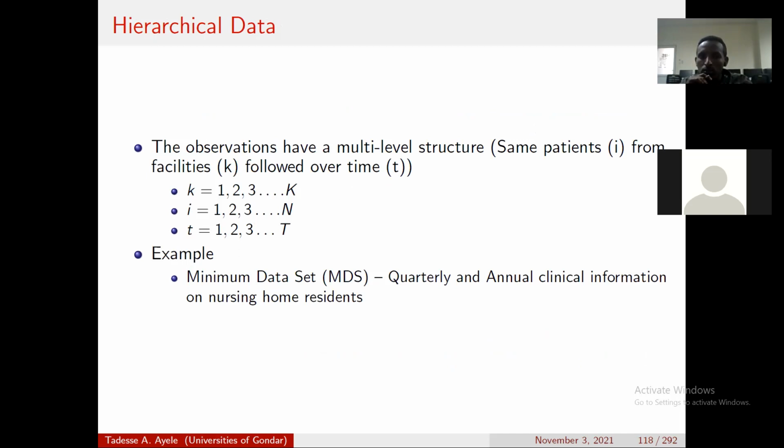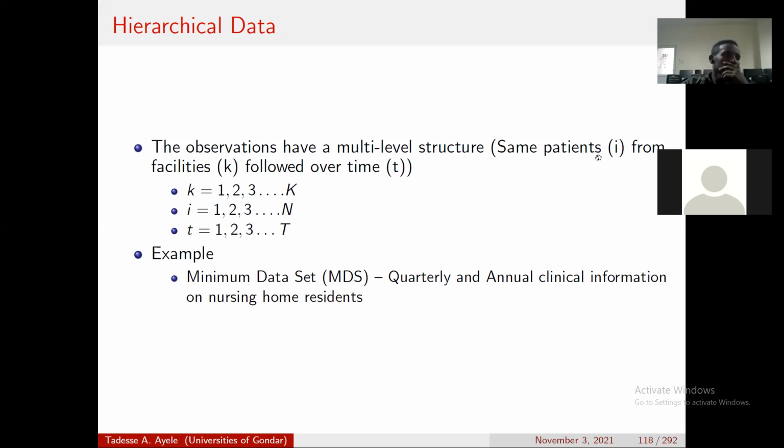Now, when we say longitudinal data, it results in a hierarchical nature or hierarchical type of data structure. So the observations have a multi-level structure, like some patient i from facility k followed over time t.